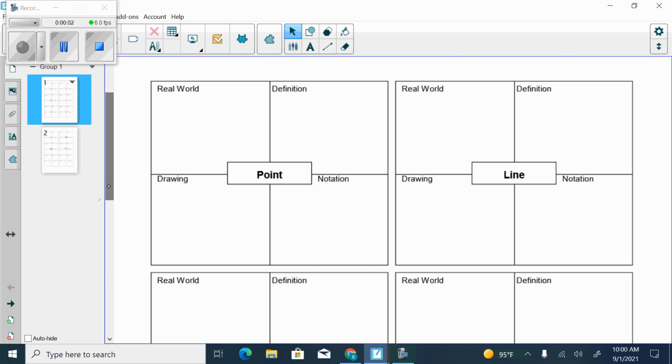The first word they give us is point. Can anybody tell me what a point is? Right, it's some specific spot in space. It doesn't necessarily have any specific value to it, unless it's on maybe a coordinate grid, but yes, it is just some undefined position in space.